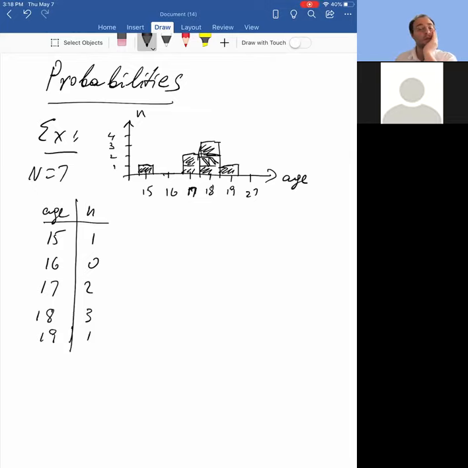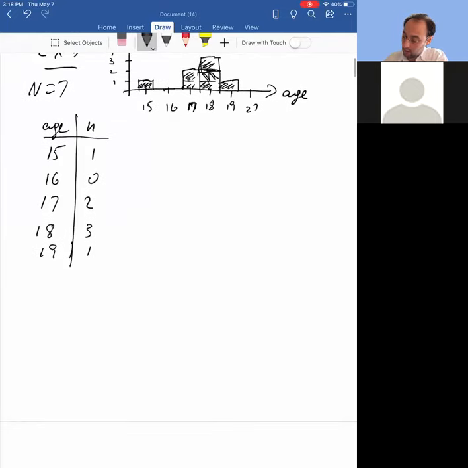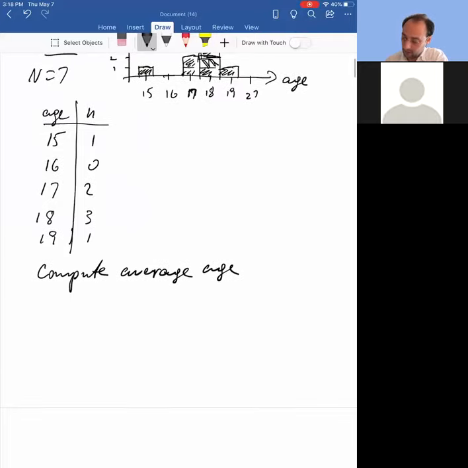Okay, so first, what kind of statistical information can we try to extract from this? Well, let's try to compute the average age. Let's do it just in a very straightforward way, right? So first, you just sum all ages and divide by the number of people, right?